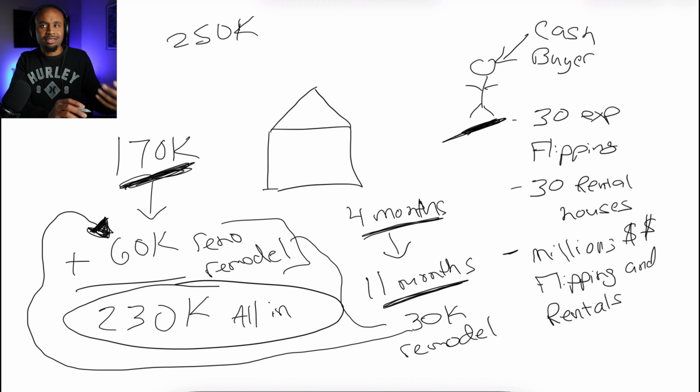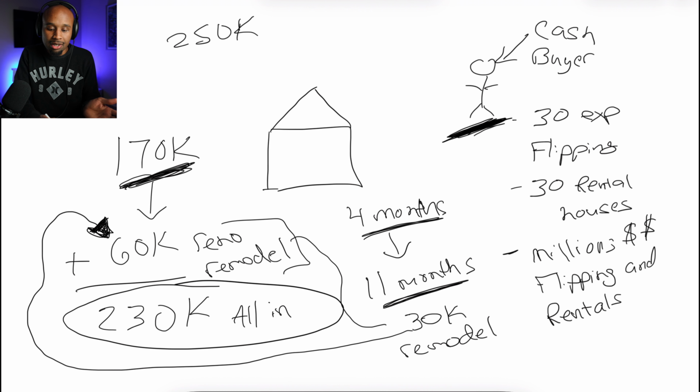So he got into the house and he saw a couple things. He was like, I don't really like that. I don't really like that color, and this and that. He started naming things that he didn't like about the house, which made my cash buyer here lower his price just so he can get rid of the property.